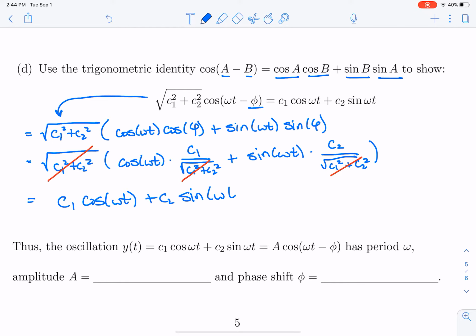So in other words, we chose phi correctly so that if we use that trig identity, then we can rewrite our linear combination of cosines and sines as just a single cosine.